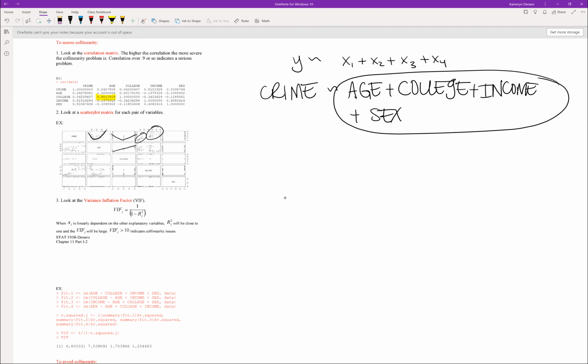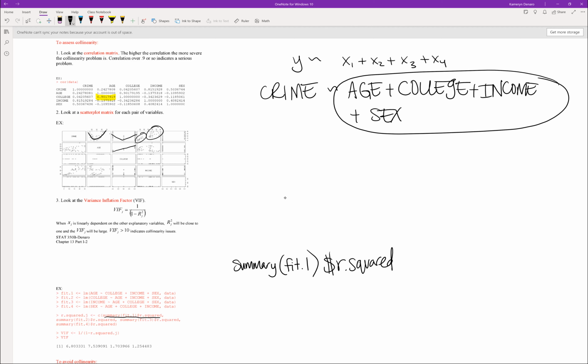So I can pick off the R squared value from each of those models. By using summary of fit.1 $r.squared, that gives you the R squared value of age regressed on college, income, and sex. Then summary of fit 2 $r.squared gives you the R squared j value for college regressed on age, income, and sex, and so on.